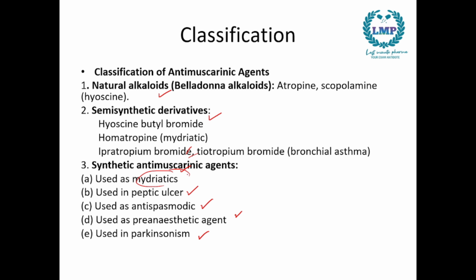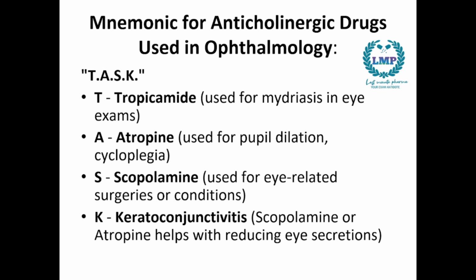Just try to understand with some mnemonics the drugs which help in mydriasis, peptic ulcer, antispasmodic, pre-anesthetic and Parkinsonism. For the drugs used in ophthalmology, you can remember TASK. T stands for tropicamide, which is used in mydriasis. A stands for atropine, which is used in pupil dilation.